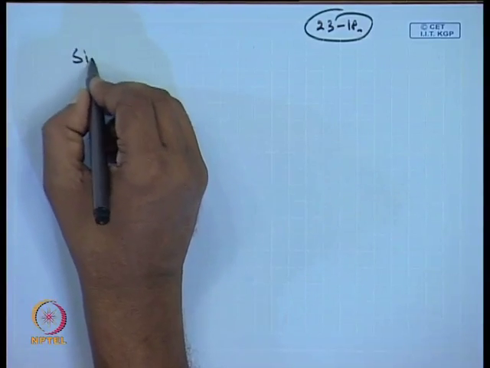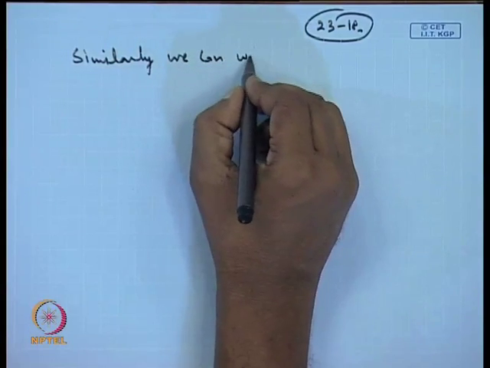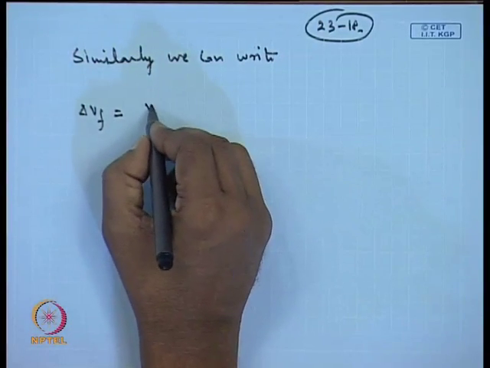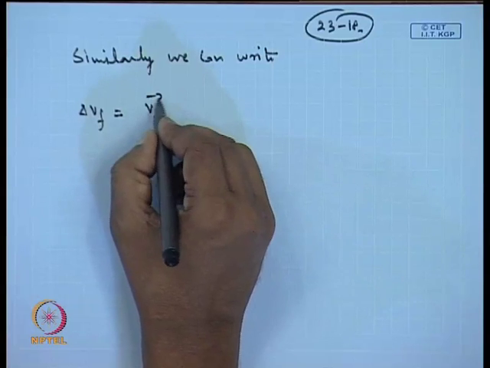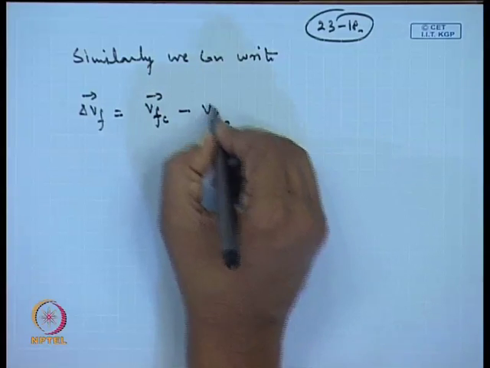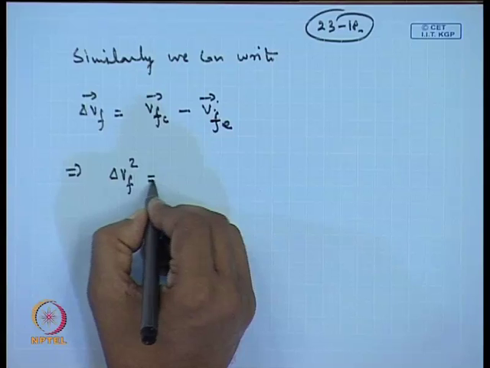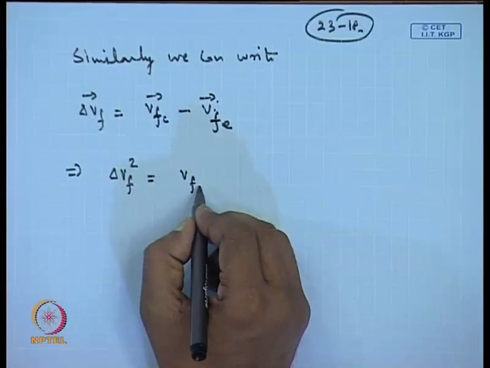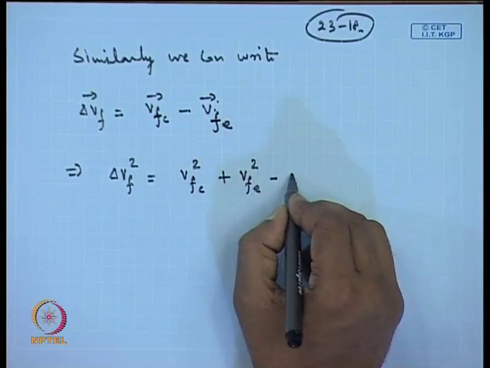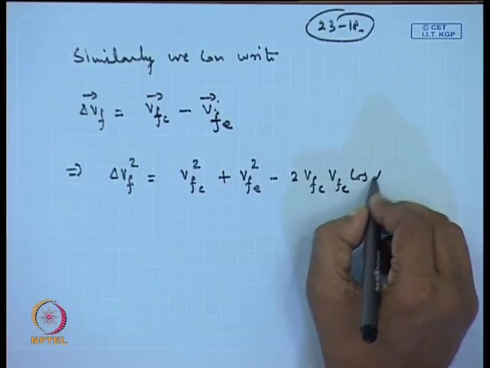Similarly, we can write delta V F is equal to V F C minus V F E. Okay. So, this implies delta V F square will be equal to V F C square plus V F E square minus 2 V F C times V F E times cos alpha f.